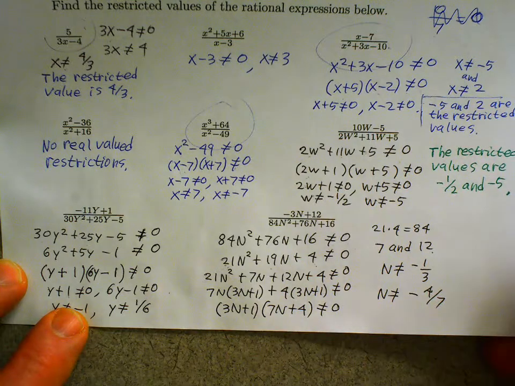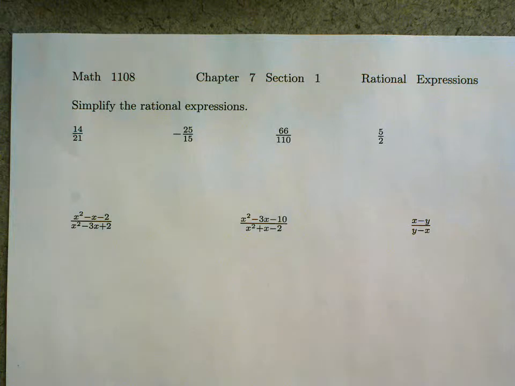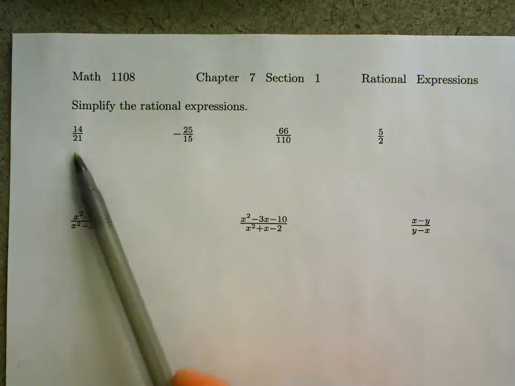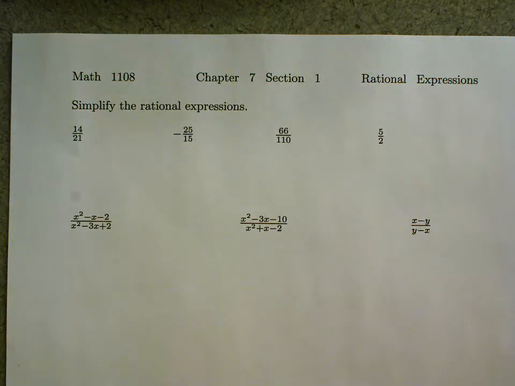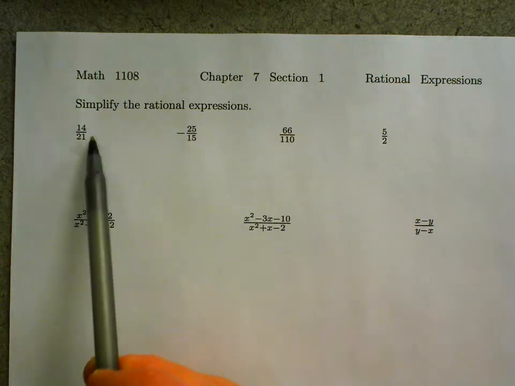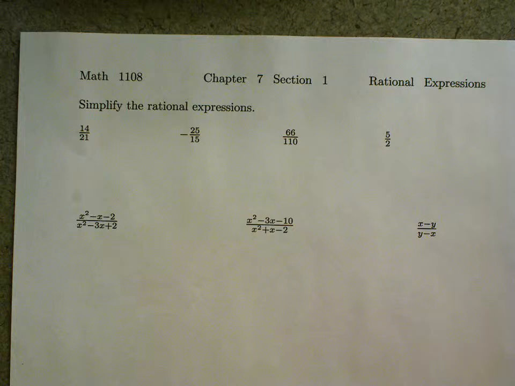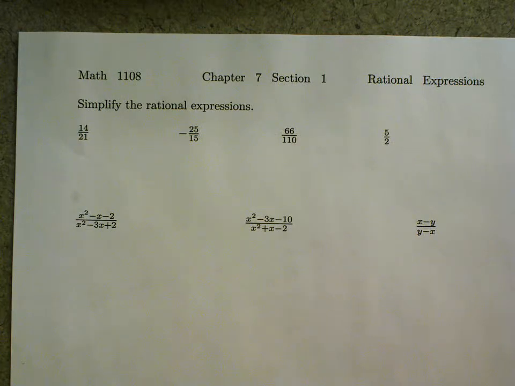Okay, let's move on to the next page. So remember how to simplify fractions. In order to simplify a fraction, we find all of the common factors that the numerator and denominator have, and then cancel them out.